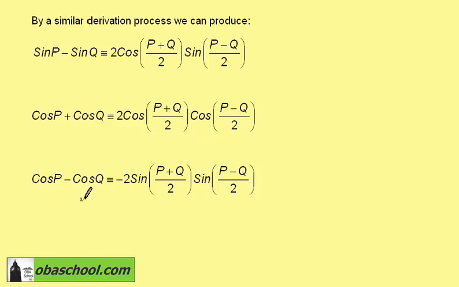And cos P minus cos Q is identical to minus 2 times the sine of P plus Q over 2 times the sine of P minus Q over 2. This is another family of identities, and they're called the sum and product formulae.